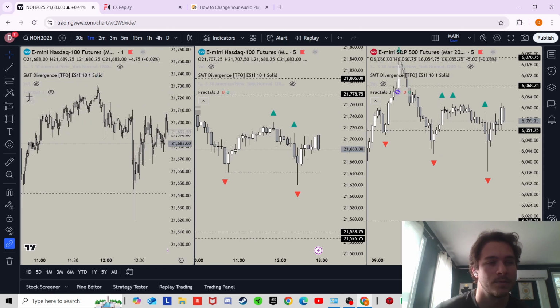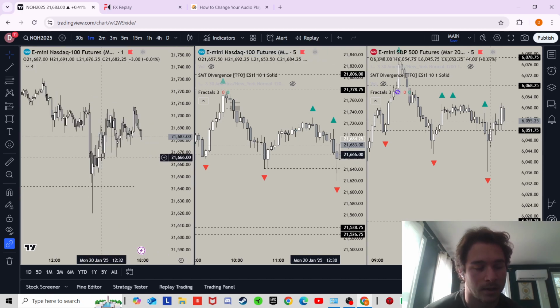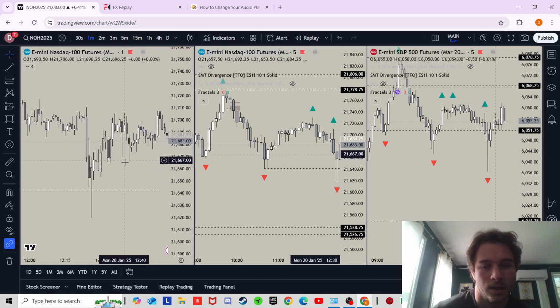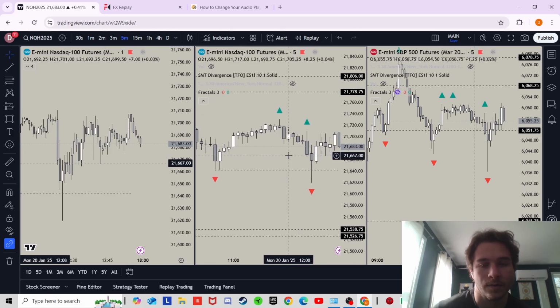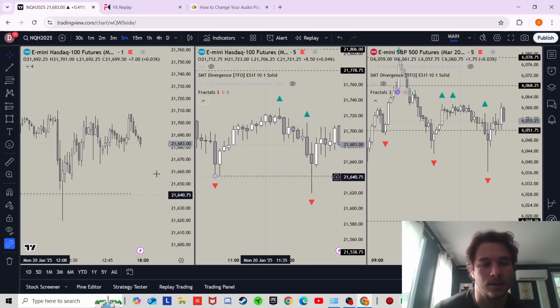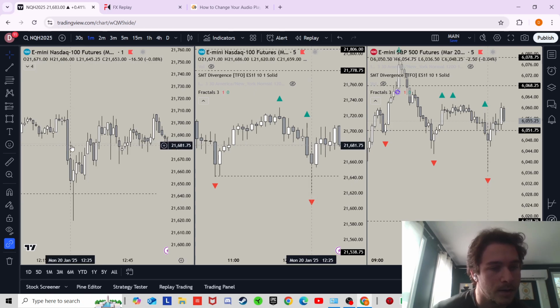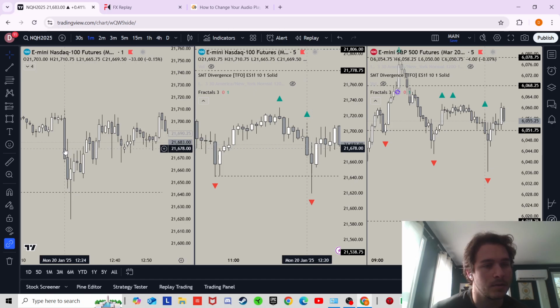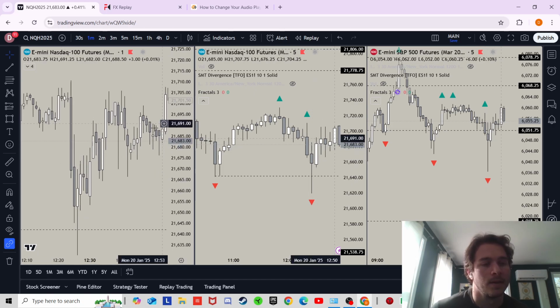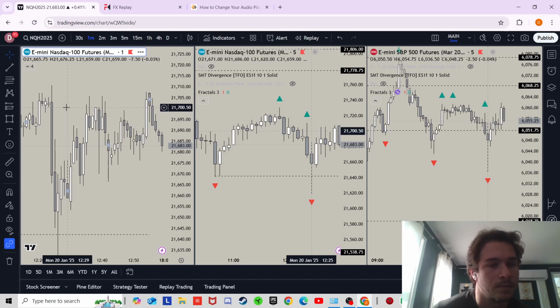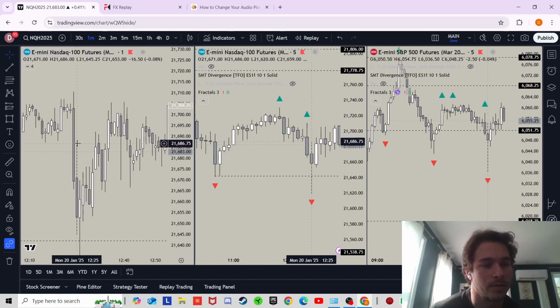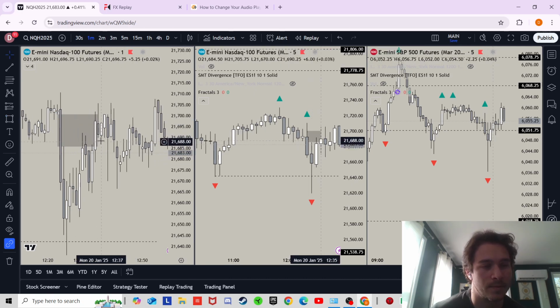Another thing I look for is the inverse of the fair value gap, which is, say this is taken out. Okay, this one's perfect. Wait, is it? No, it's not. Let's say this gap is 5 handles big. This needs to be at least 5 handles big.